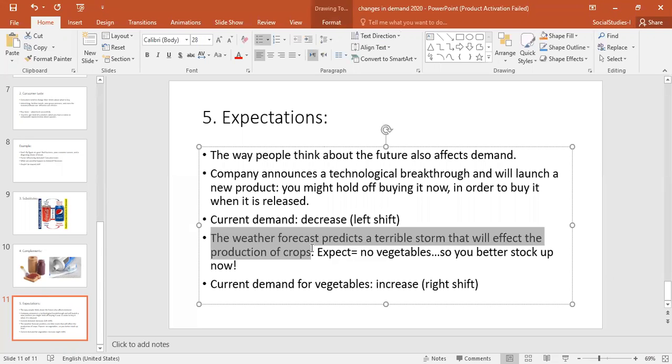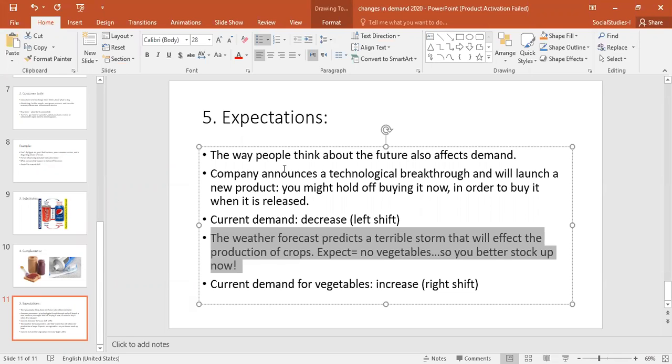The forecast made you afraid of not having enough tomatoes, so you buy a lot now. It caused your current demand to increase, and this concept is called consumer expectations: when you expect something to happen in the future that affects your demand now.